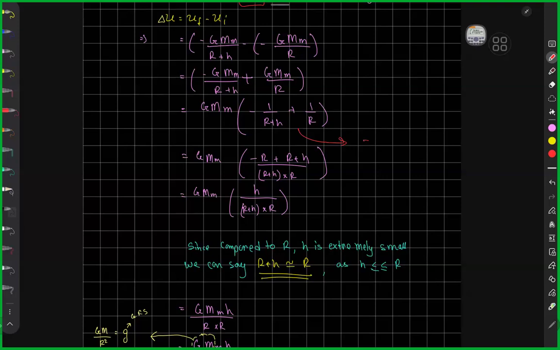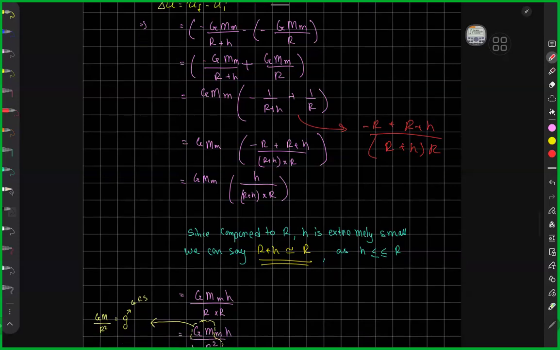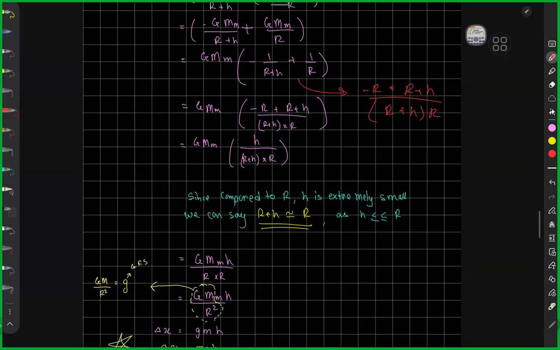So I'll have minus R plus (R plus h), divided by (R plus h) times R. The minus R and R get cancelled, so you're left with h by (R plus h) times R. And now over here again, we do another approximation. Can I say R plus h is approximately equal to R? Yep, we can. Why? Because this h is so small compared to the radius of Earth that it doesn't really matter. I can assume this to be R itself.